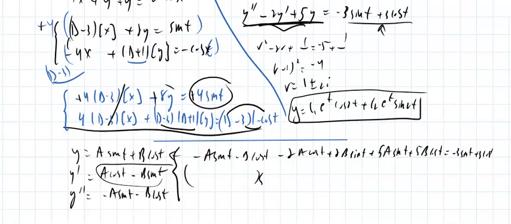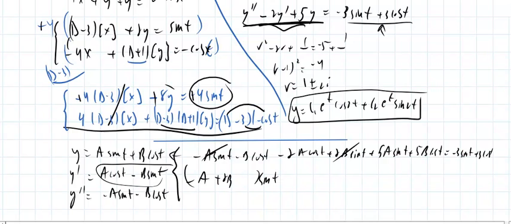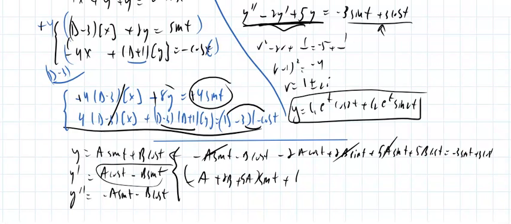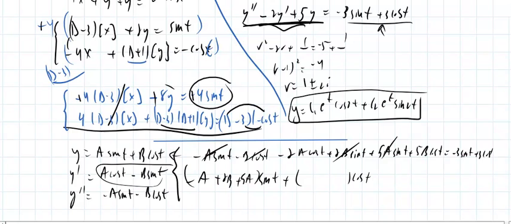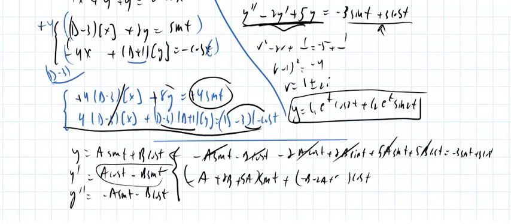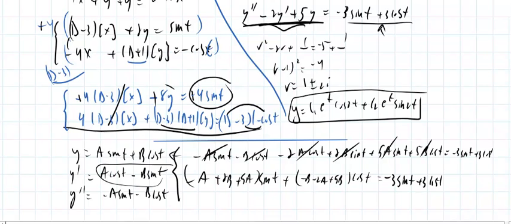So if I look at the sine of t, there's negative a plus 2b plus 5a, and if I look for the cosine of t, that's negative b minus 2a plus 5b, equals negative 3 the sine of t plus 3 the cosine of t.